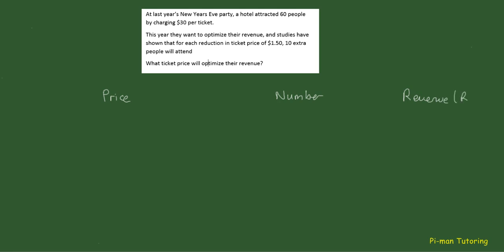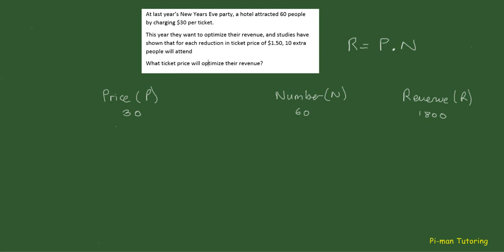We'll call that R, we'll call this N, and we'll call this P. And then we know that the revenue is equal to the price that we sell the tickets for, multiplied by the number of tickets that we sell. So the first data point we're given is that if the price is 30, we will sell 60 tickets, and that will give us a revenue of $1,800.